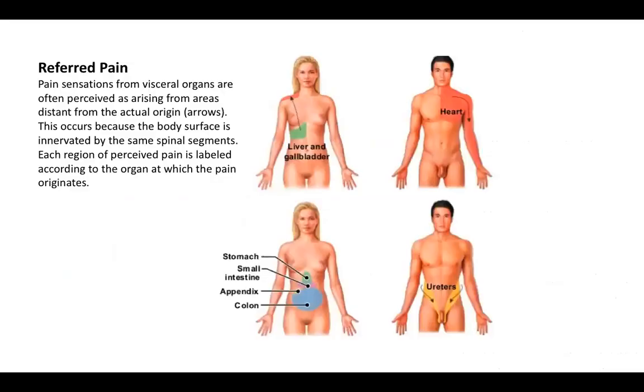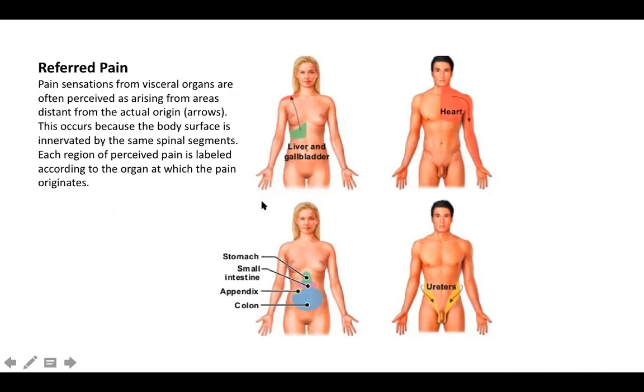There are specific areas where pain refers. Our stomach refers pain here in the center, the small intestine refers here, and the large intestine is here. With the ureters, if you have a kidney stone working its way down, you have pain around your back and flank down into your groin. This is all because these areas of the body are innervated at the same level as the organ.